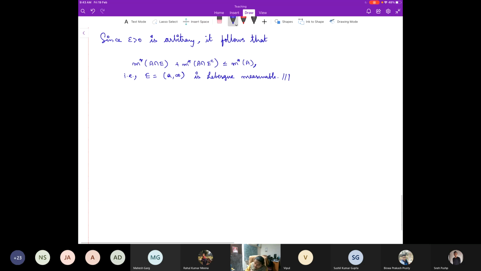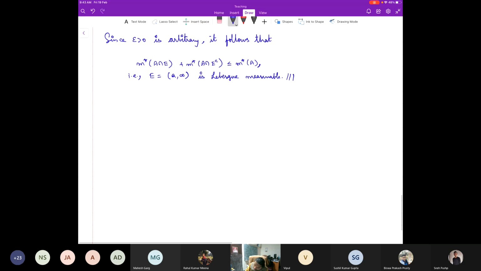So maybe I'll put it as a corollary, but then the proof is an exercise. Having done all these things, I think by now it should be clear. Every interval is Lebesgue measurable.